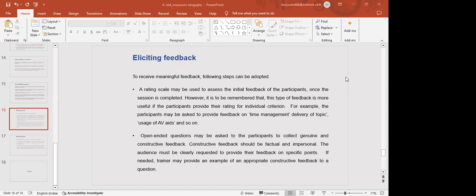Whether the understanding is okay or not, eventually the receiver needs to send some signal that the message has been understood or not understood. And the signal through which the receiver is telling the sender about the understanding of the message is called feedback. Therefore, feedback is extremely crucial for any presenter or any trainer.